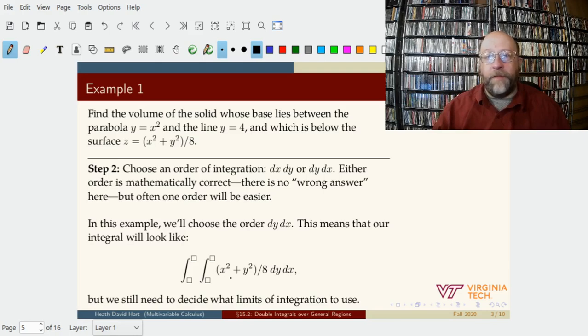Now we figure out what limits of integration we want to use. We will start by setting up the outside variable first, and then we set up the inside variable.